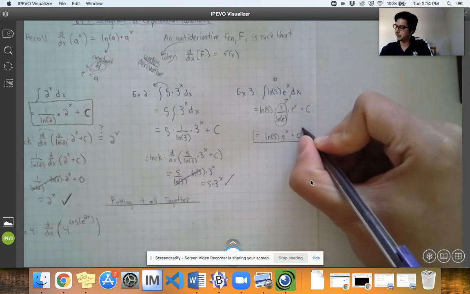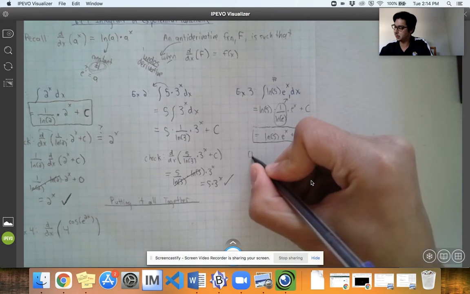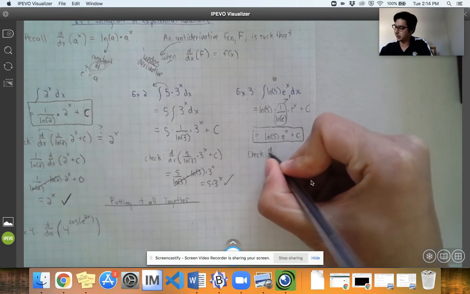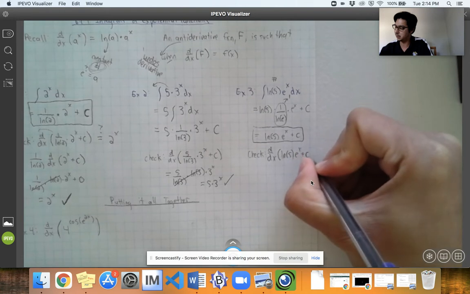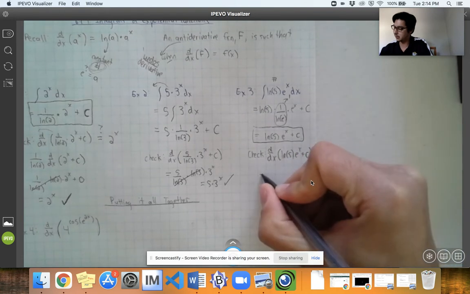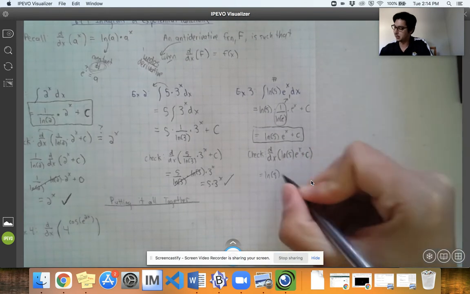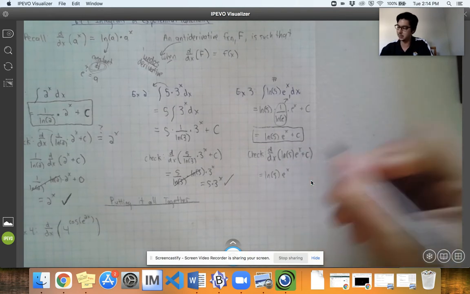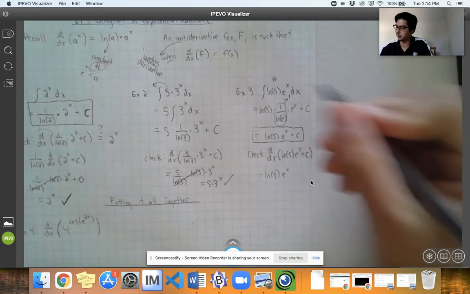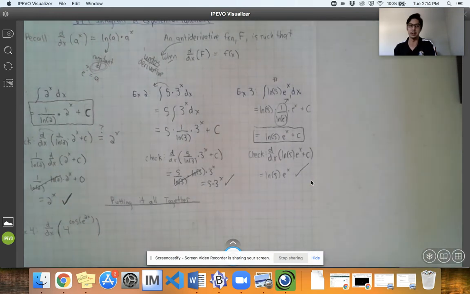And if we check this to make sure we did it right, the derivative of natural log of 5 e to the x plus c is natural log of 5 times the derivative of e to the x, which is just e to the x itself, and then plus c is nothing, which is the original function f, so we are good to go.